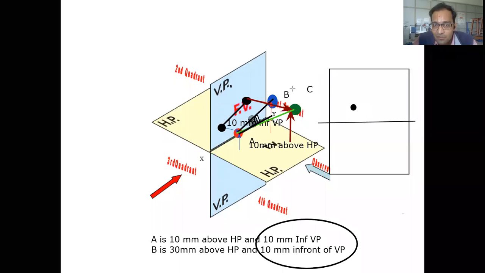When I want to drop a point B, then where it is going to be situated? Let me use the colors which I have plotted over here so that you can have identification in your mind. This is going to be point A. This is going to be point B. Okay. So what is going to happen?